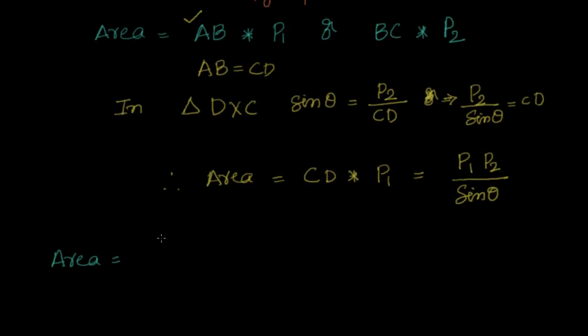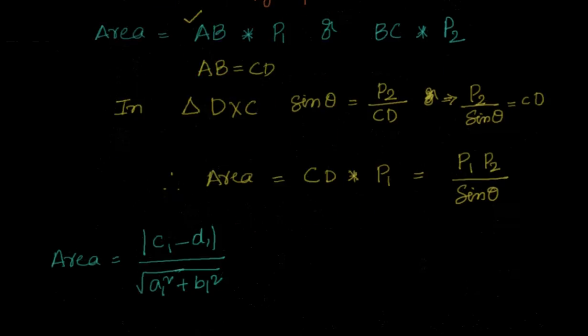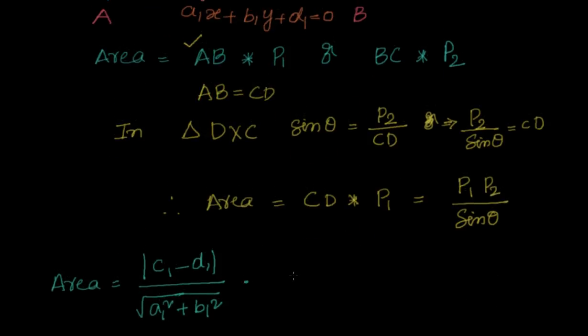So P1 is C1 minus D1 divided by square root of A1 square plus B1 square, multiplied with P2 on the same lines, that is C2 minus D2 divided by square root of A2 square plus B2 square, into 1 by sine theta.